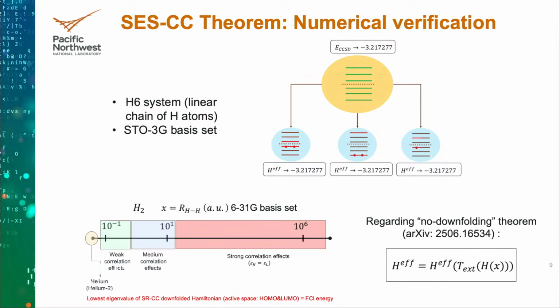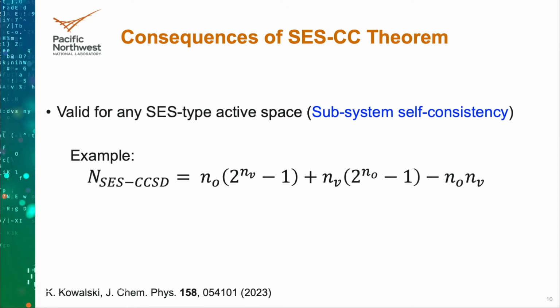So there might be something of this sort, but this requires extension of the no-downfolding theorem to a more complicated case. We don't know how that would work. But this is actually one part of the ongoing work with Fabian Vollstieff. So hopefully we'll have something soon.